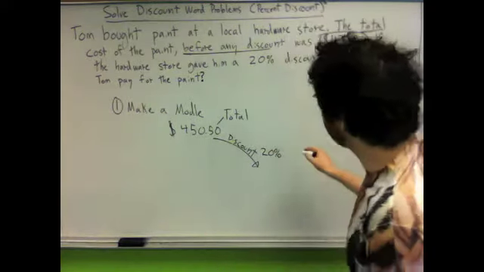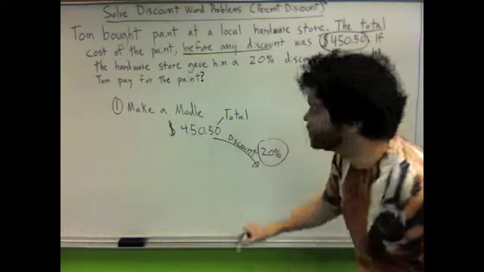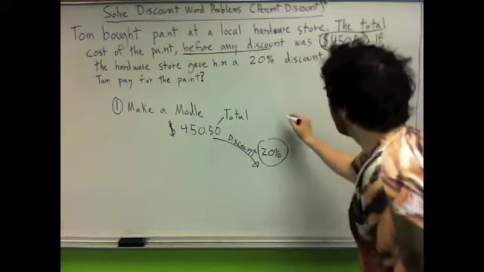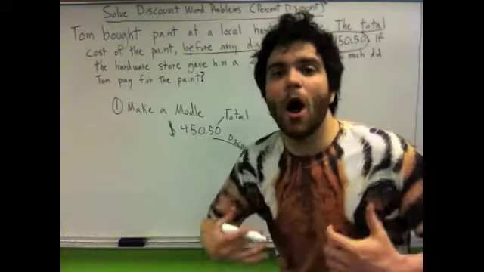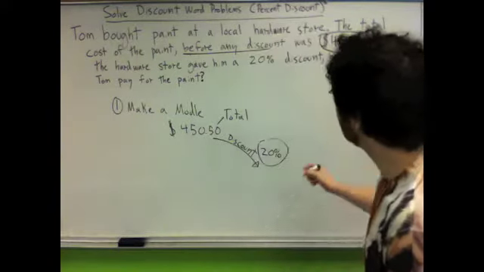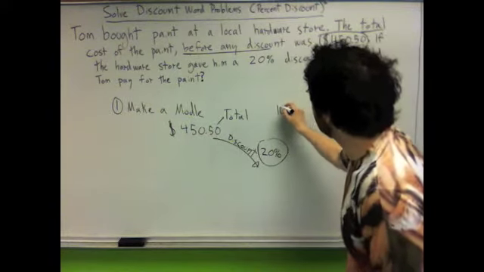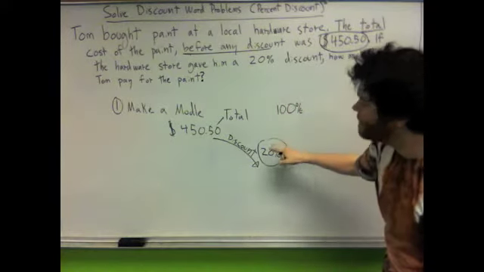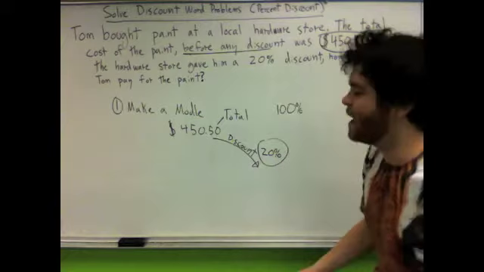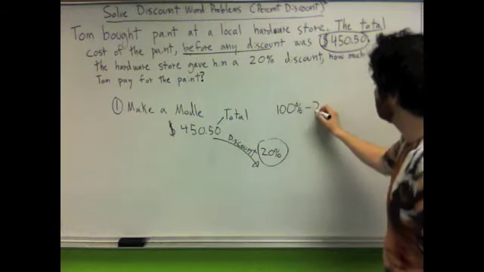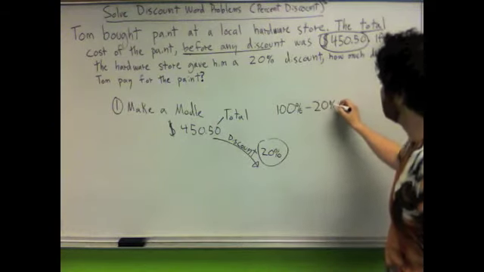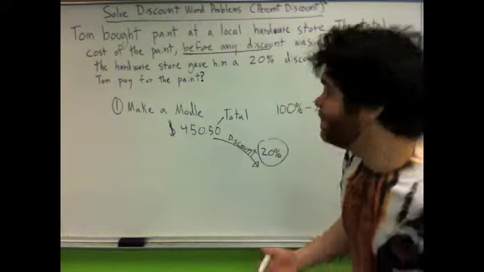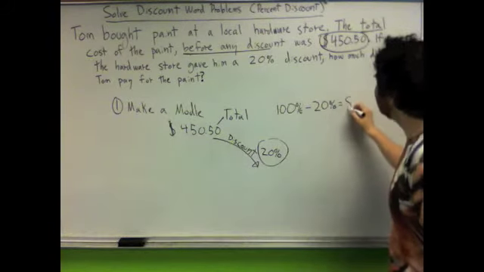Well, it's going to be the discount percent, 20%, subtracted from 100%. So we're going to take 100% and we're going to subtract off the amount of this 100% that we didn't need to pay. And we're going to get 80%.